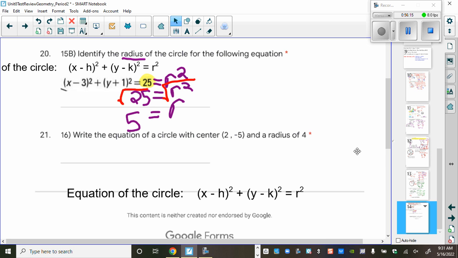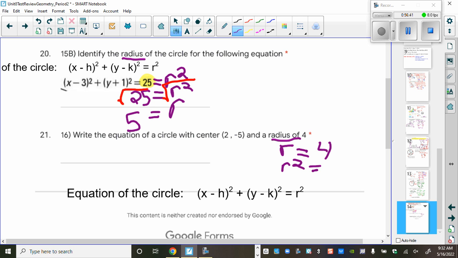Radius of 4 means r is 4. Now to get r squared, what do I do to the 4? What's 4 squared? 16.